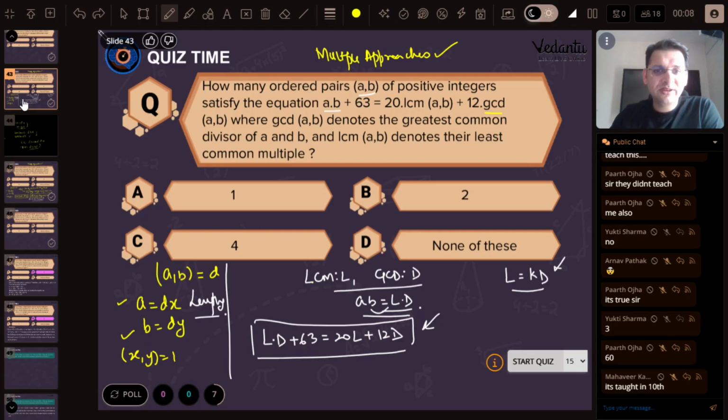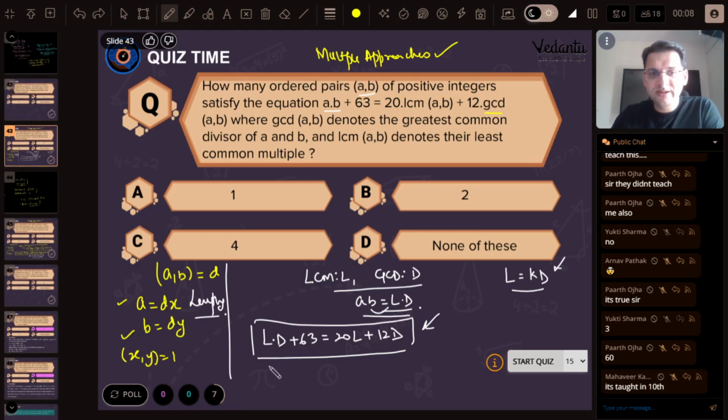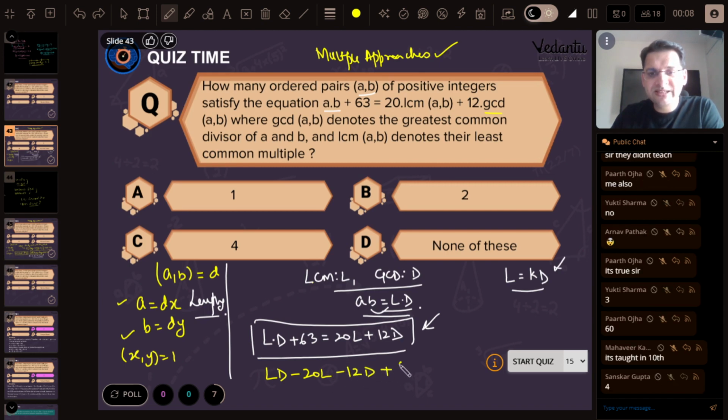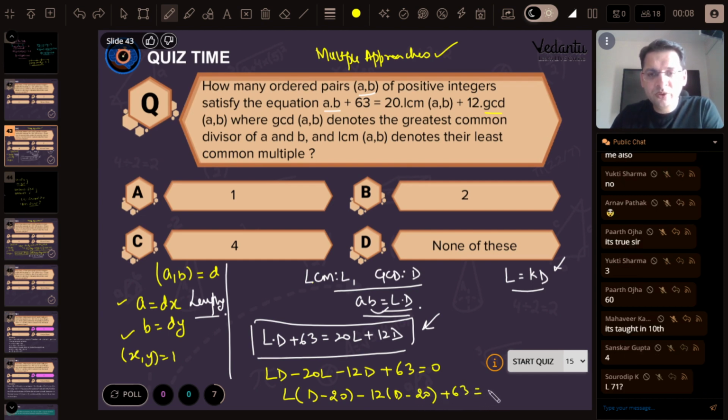So what we did was we shifted to another approach. So LD minus 20L minus 12D plus 63 0. So LD minus 20 minus 12D minus 20 plus 63 is equal to 240.